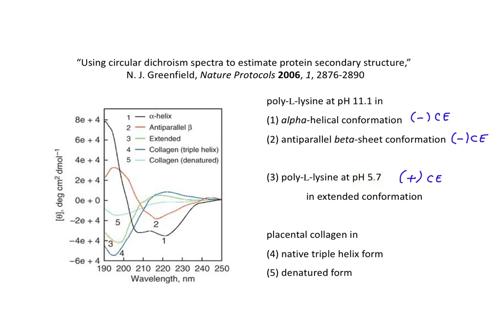This has also been analyzed for naturally occurring proteins. Placental collagen, in its native form, has a triple helix form, and that is the dark blue curve, number 4, with a relatively strong positive Cotton effect. But when the collagen is denatured, curve 5 now shows a very weak, if any, Cotton effect.